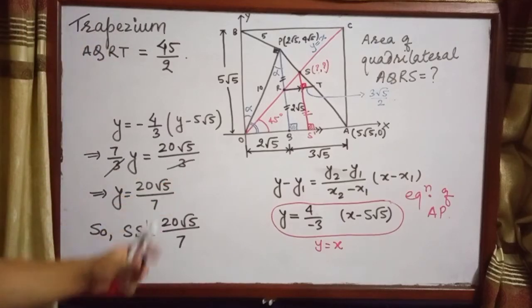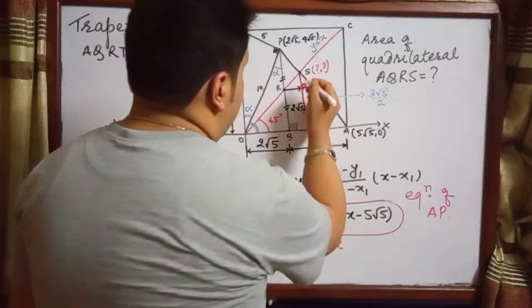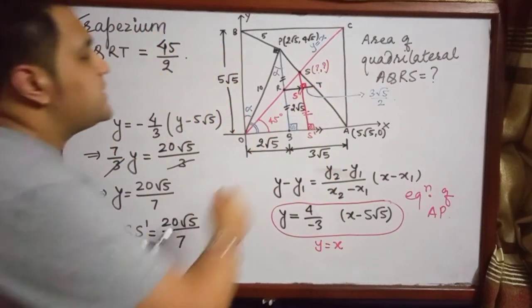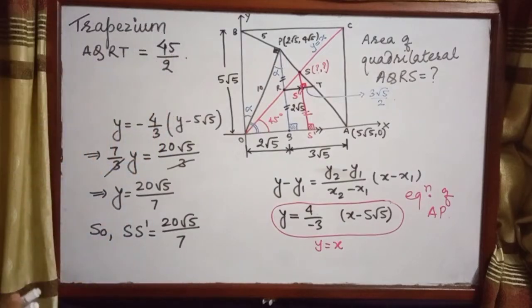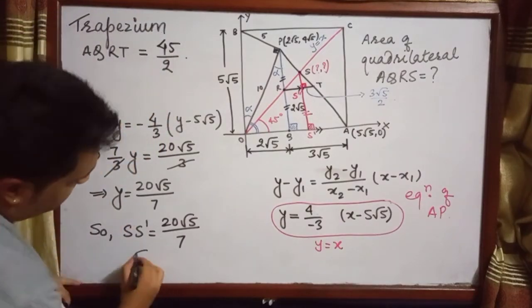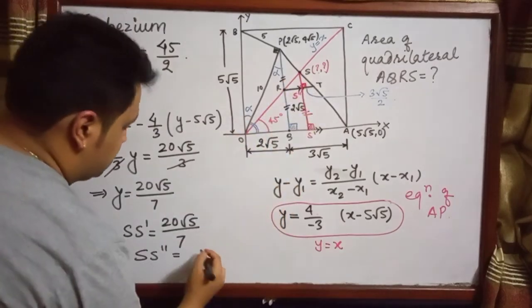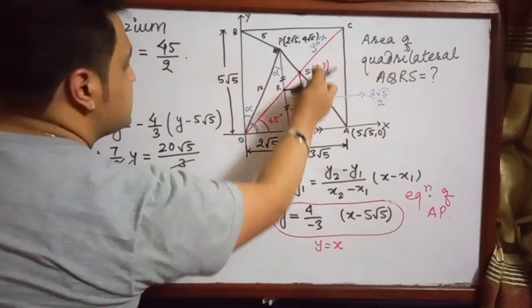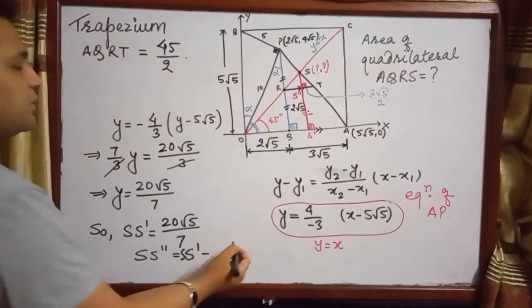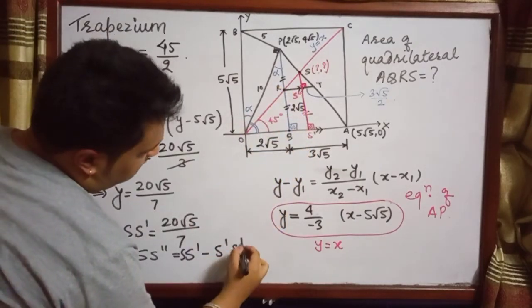And what we need is SS double dash, isn't it? SS double dash is equal to SS dash minus S dash S double dash.